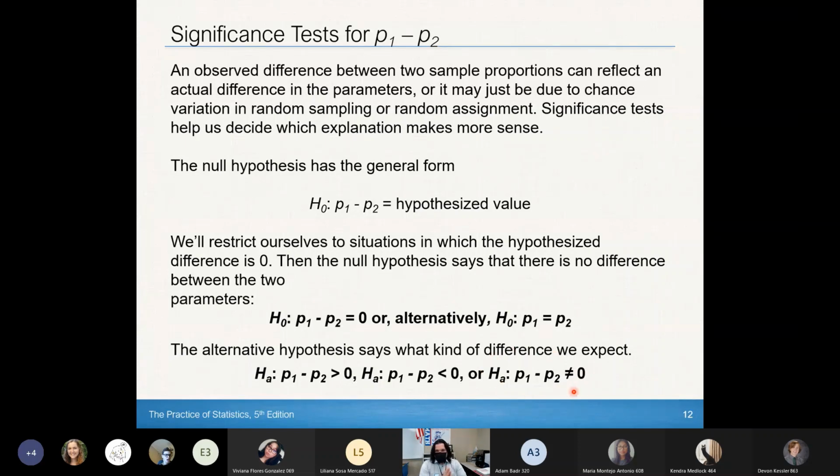Right, so essentially it's the same set of possibilities that we had for significance test for one sample, that we saw in Chapter 9, except now we have the two parameters, and we're using that difference. We're doing subtraction. Does anyone need a moment to write anything down from this screen? Or does anyone have any questions and need clarification?